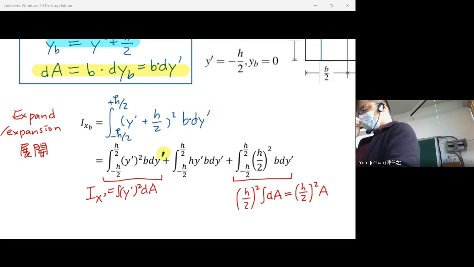Then how about this one? How about the thing in the middle? Please write it down, and I will discuss this.